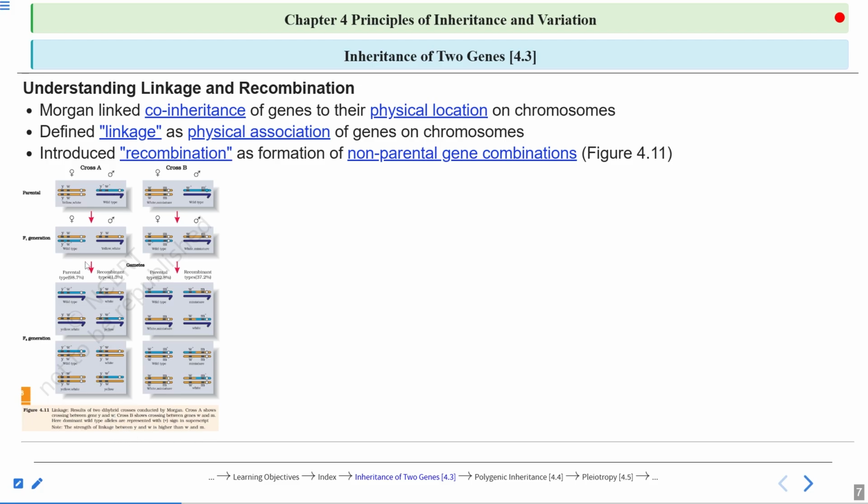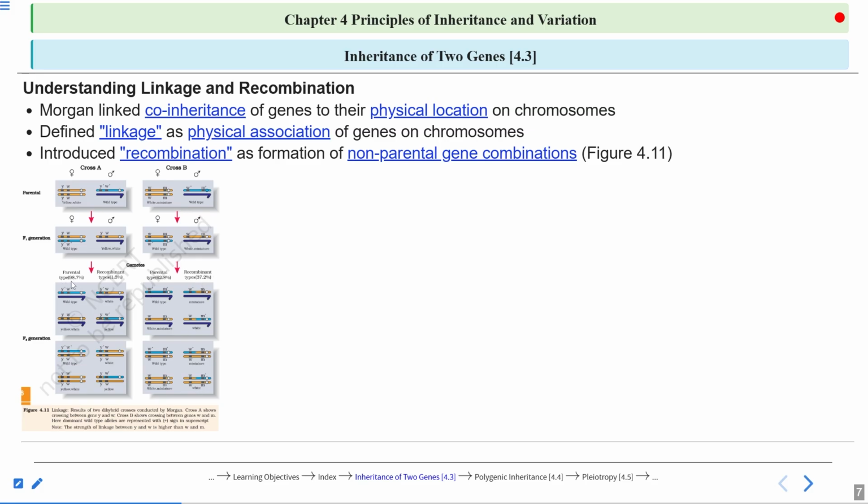These are the two genes here, Y and W. Then the F1 generation and the F2 generation are given. In the F2 generation, they have shown you parental and recombinant. In cross B also, they have shown parental and recombinant.